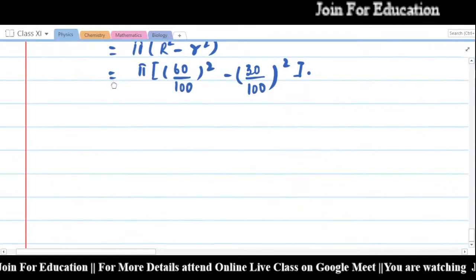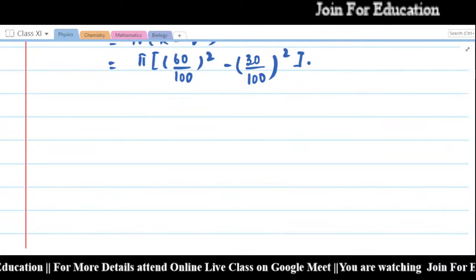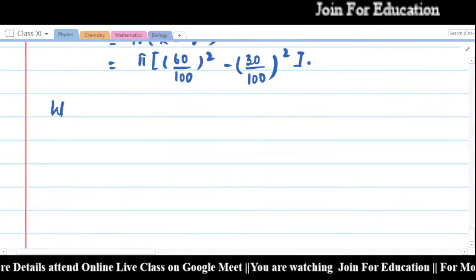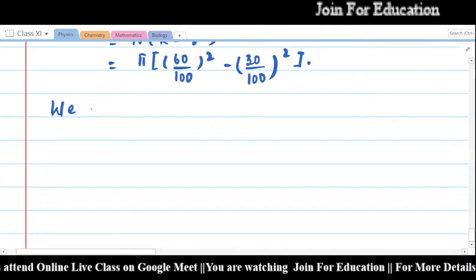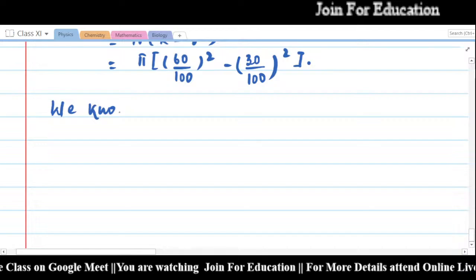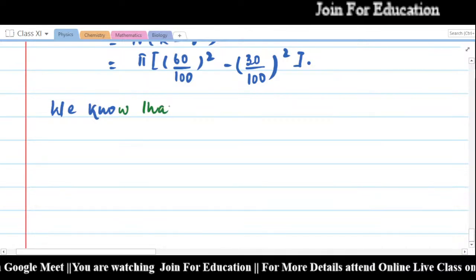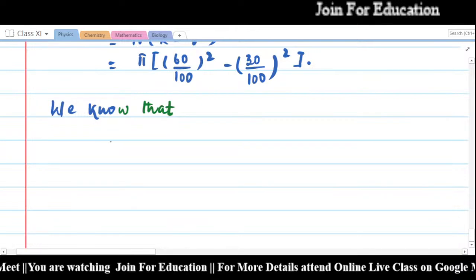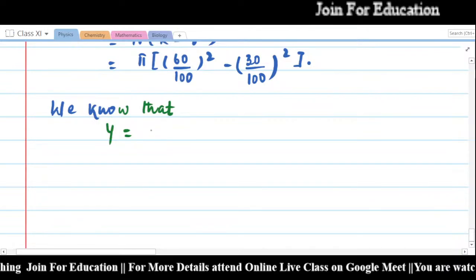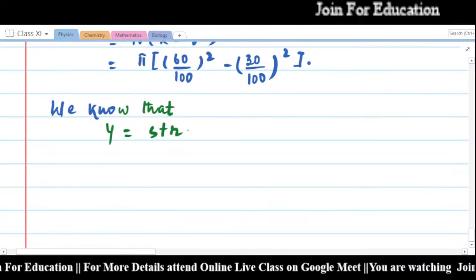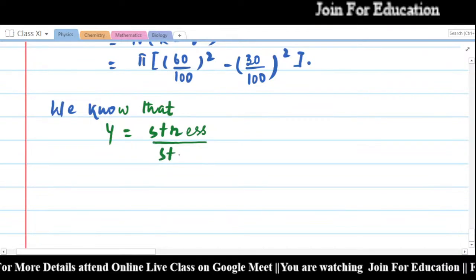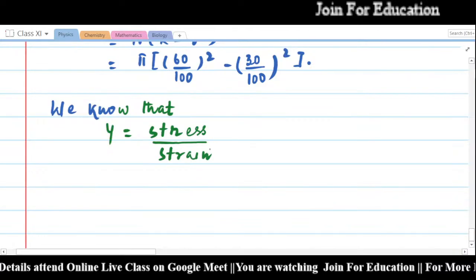So we know that Young's modulus, which is generally denoted by Y, equal to stress by strain.